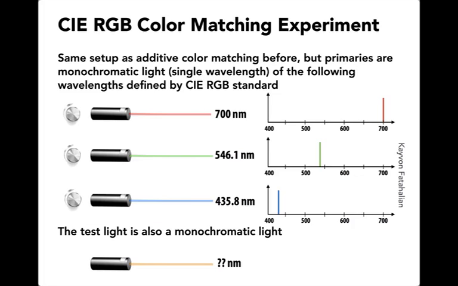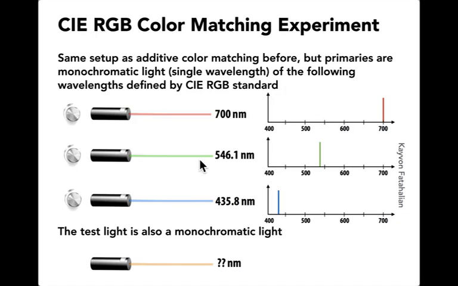The CIE standardized this in the so-called RGB standard by defining a red, green, and blue standard color source for this standardization procedure. They defined 700 nanometer, 546.1 nanometer, and 435.8 nanometers, which are convenient sources, like laser emission sources at those wavelengths, to define a red, a green, and a blue primary light.